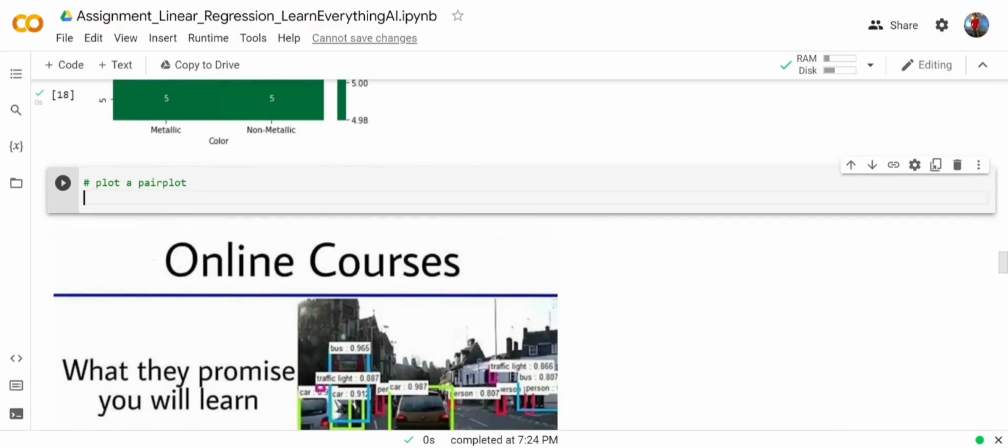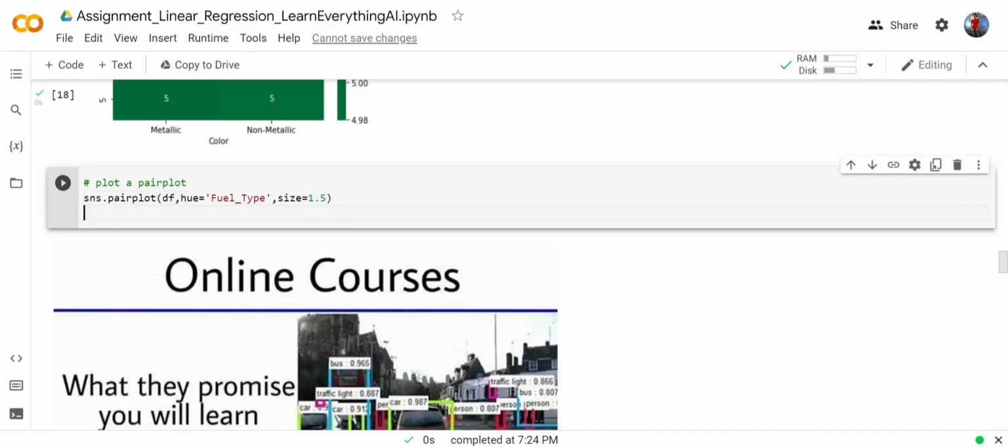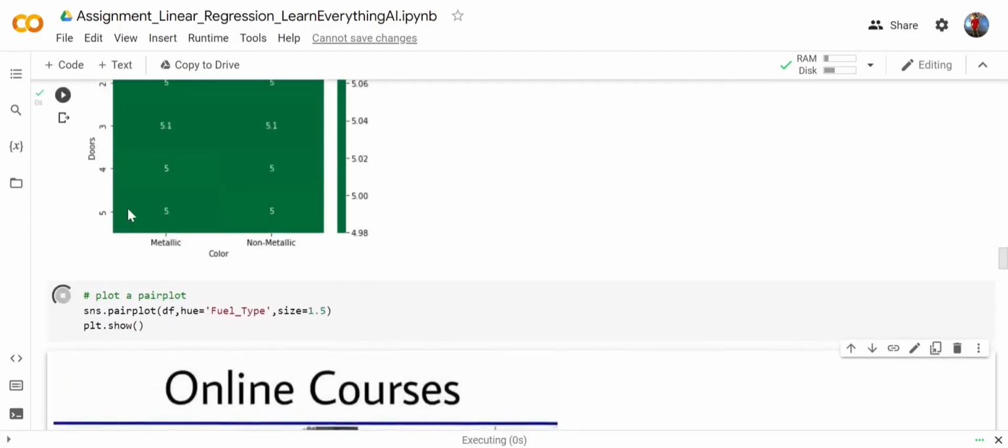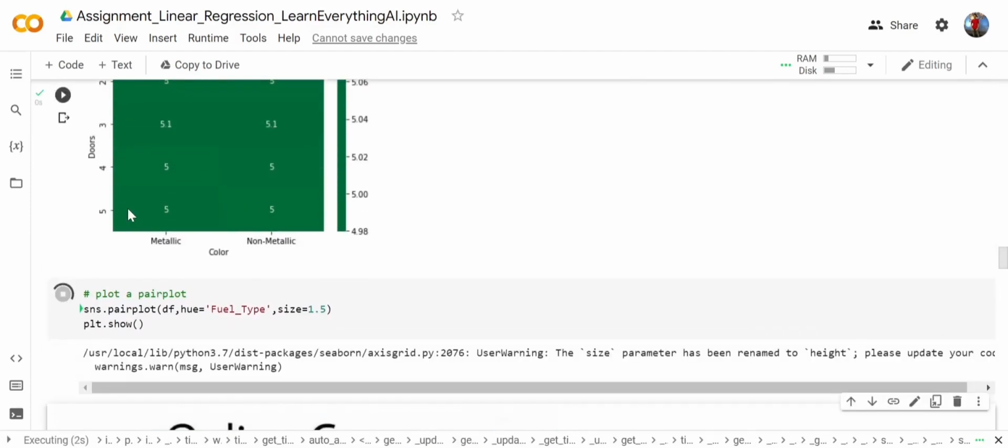Now we are going to make a complete pair plot with the hue of fuel type. So we can analyze all the variables with respect to how they fare with the fuel type of the car. So this might take some time as there are many variables.